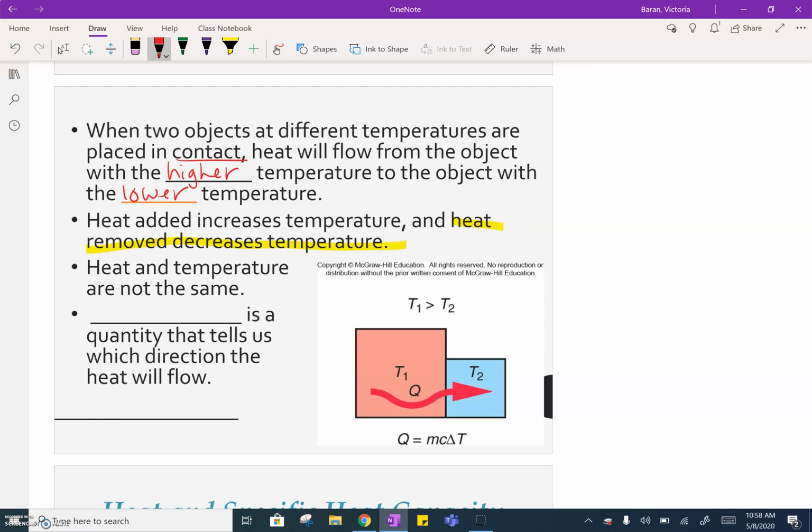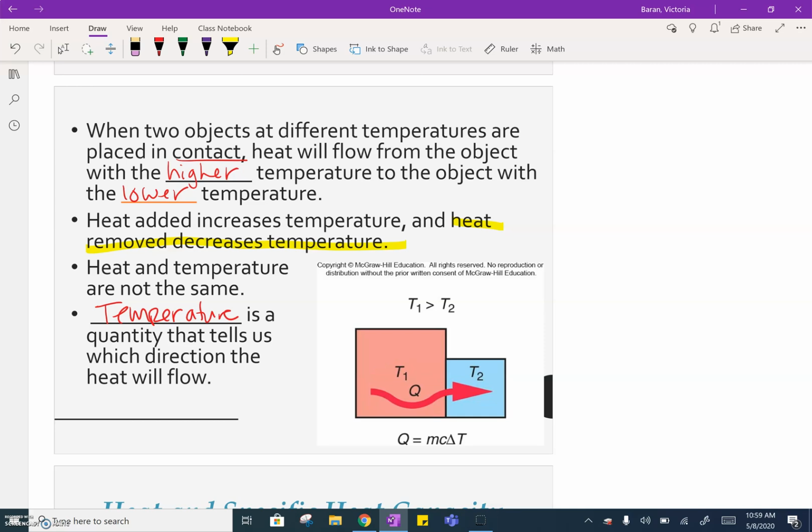So heat and temperature, as we said, are not the same. Temperature is a quality that tells us which direction heat will flow, and it also tells us how much heat that we are dealing with. So in this picture, for example, we have two objects, the red square and the blue square. Now the red square has a higher T, the T stands for temperature, than the blue square. Therefore, it has more thermal energy.